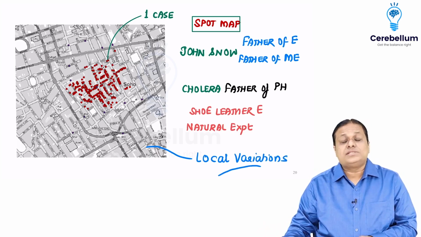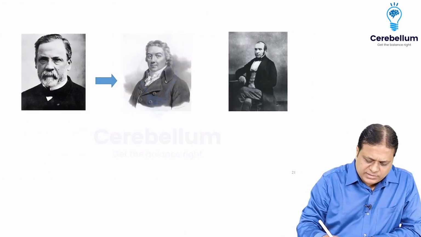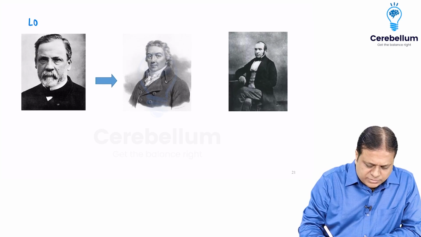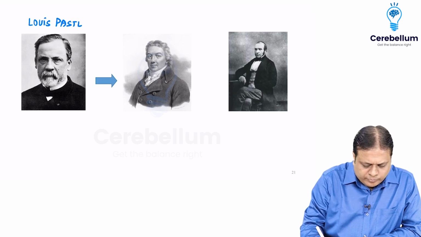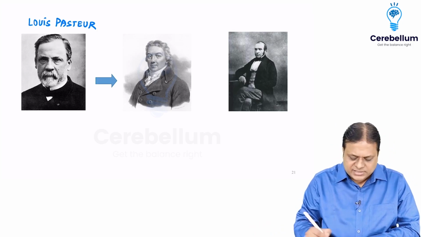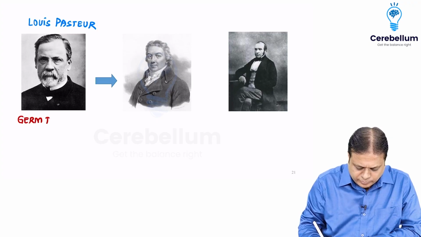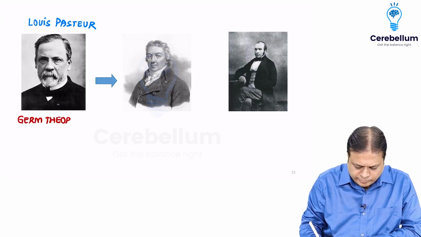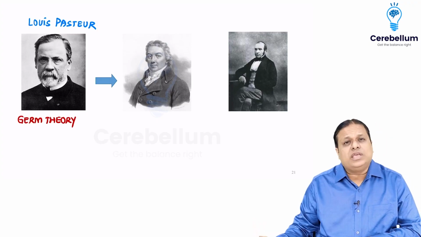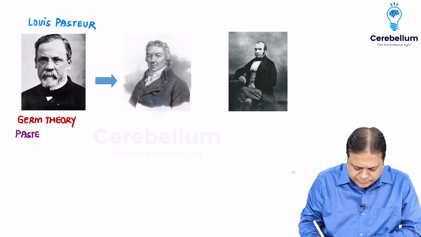Now looking at some stalwarts in epidemiology, we have number 1, Louis Pasteur. Now Louis Pasteur is credited with, yes, germ theory of disease. He also gave the concept of pasteurization of milk.